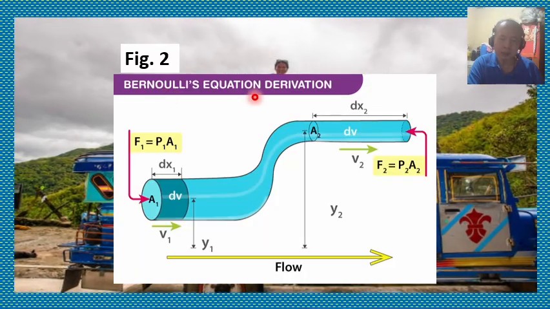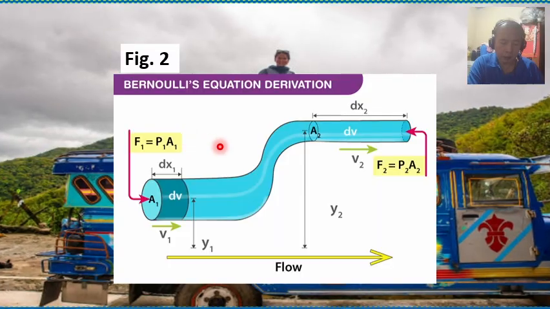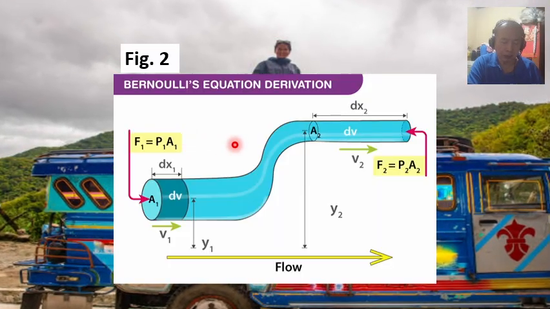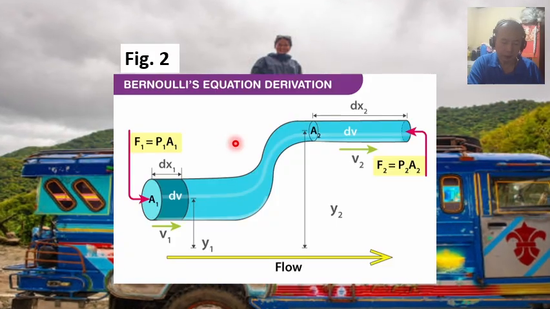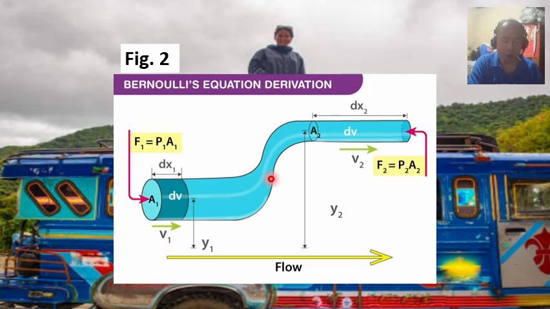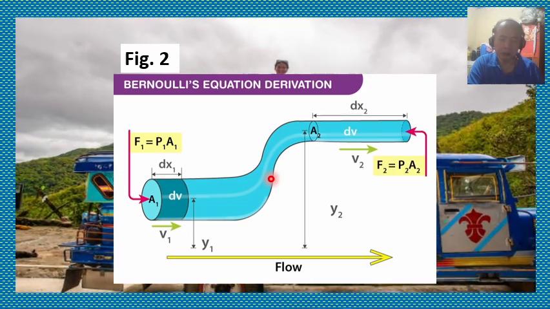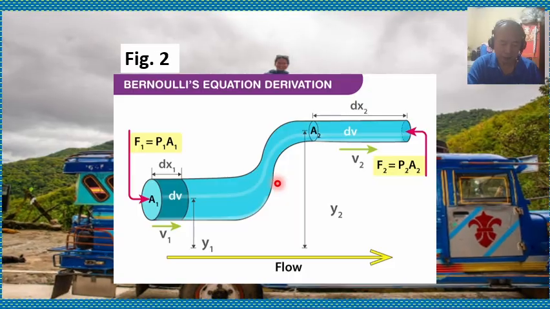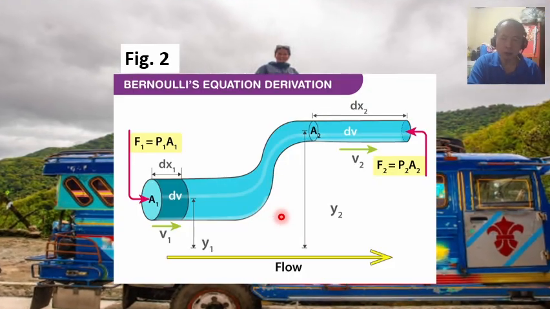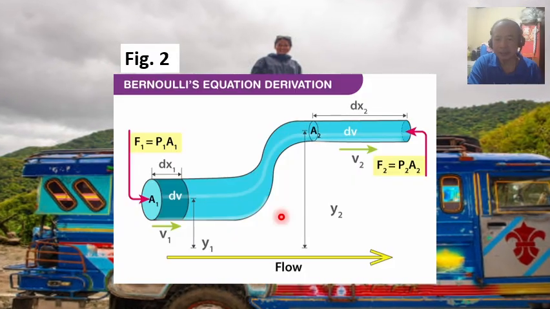It is assumed that the flow of the liquid water is steady, or streamlined, that the water is incompressible, where the density always remains constant, and that the liquid friction, or viscosity, is negligible.